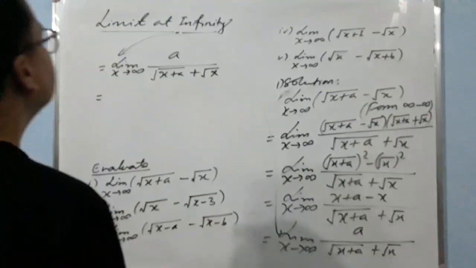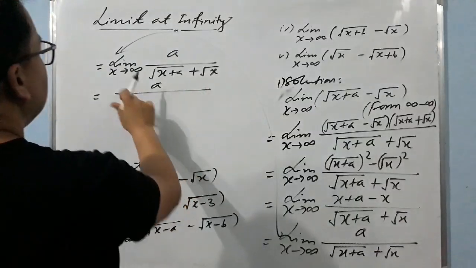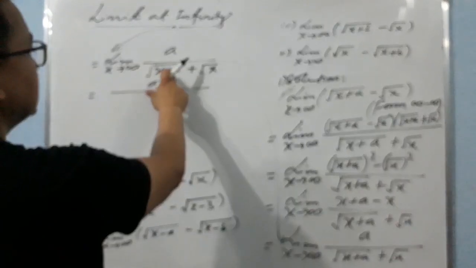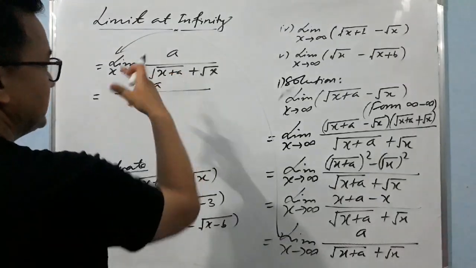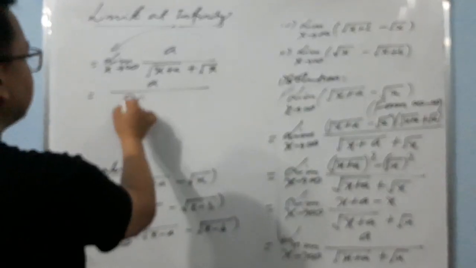So let's apply x tends to infinity. As x tends to infinity, x plus a tends to infinity. Root of infinity is also infinity.